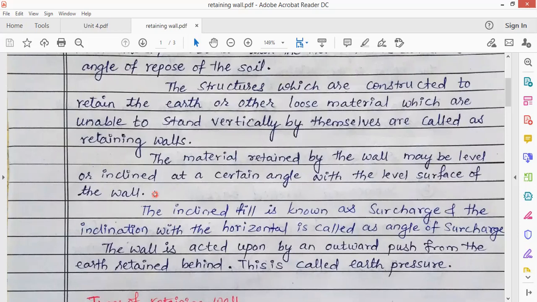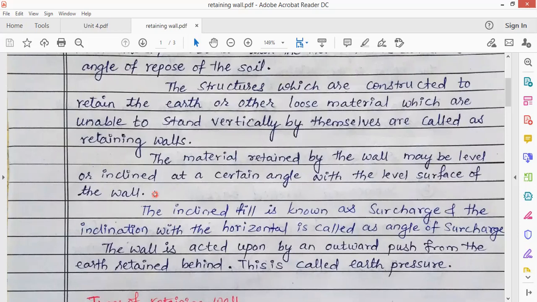So we have two angles here. One is the angle of repose, that is, the angle made by the soil in its rest position by nature. Another is the angle made by the surcharge, that is, the infill. It is the inclined fill above the horizontal surface of the earth, and it has a certain inclination.